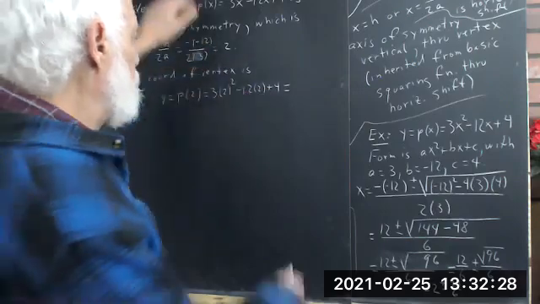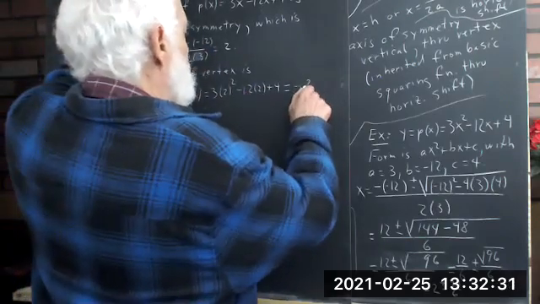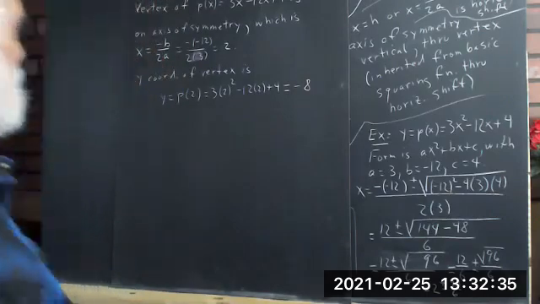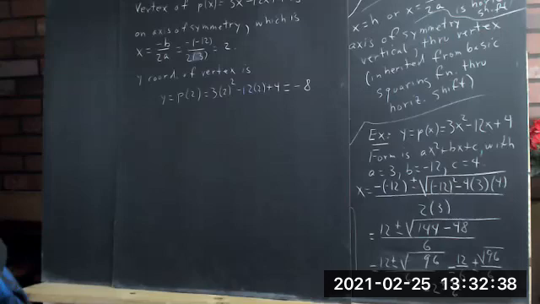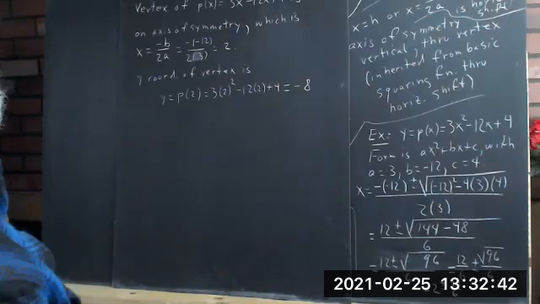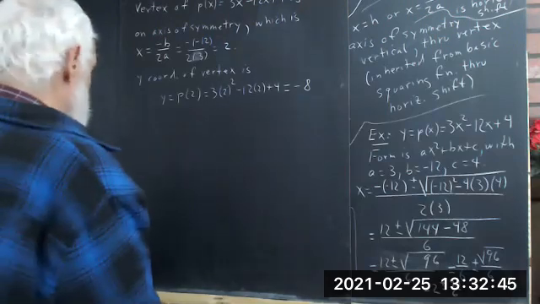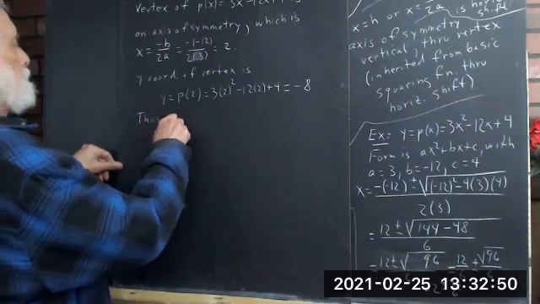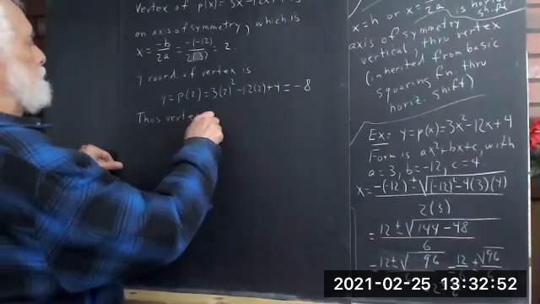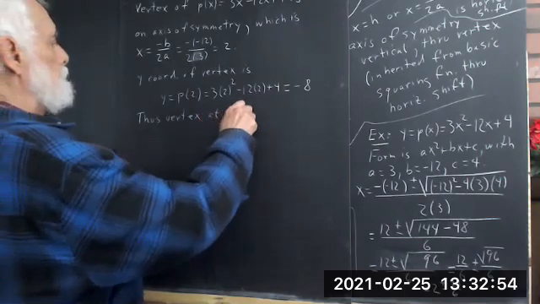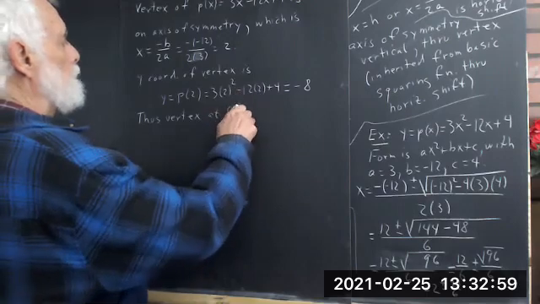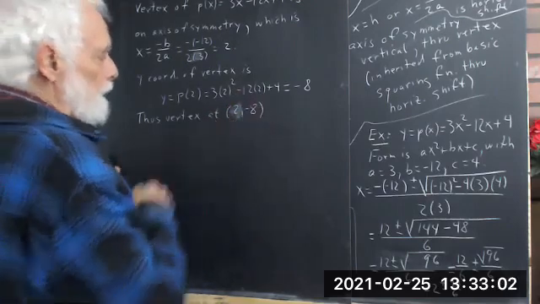Then we've got minus 24. So the vertex occurs at y equals negative 8. So the vertex is at 2, negative 8.